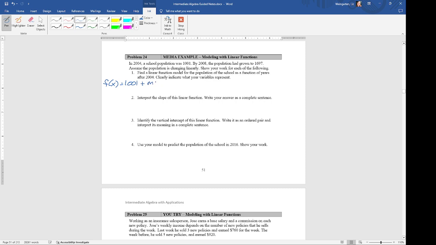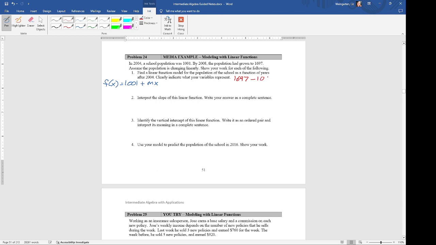call it m. In my red ink, I'm going to go ahead and calculate our m, which is our change in y over our change in x, our change in outputs divided by our change in inputs. So in 2008, we were at 1,697.